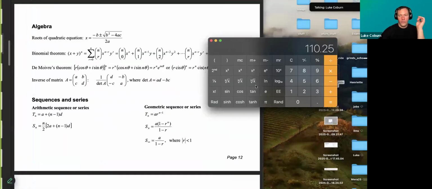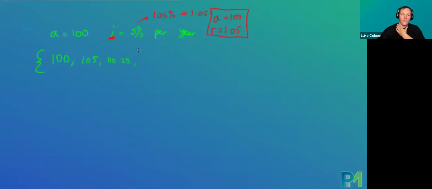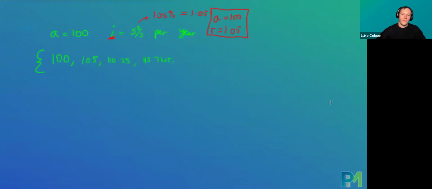And then we take this 110.25 and I can just multiply by 1.05, and I get 115.7625, and then I can take that again and multiply by 1.05, and I get 121.5506. And it goes on and on and on.